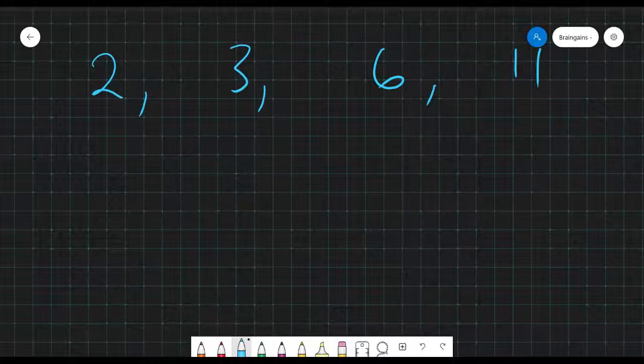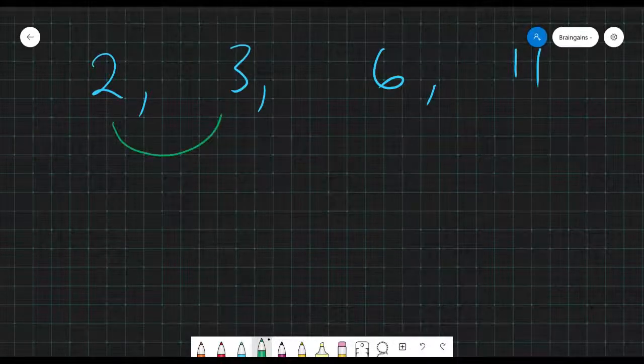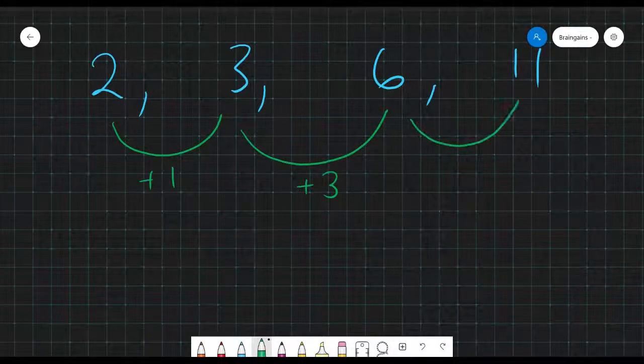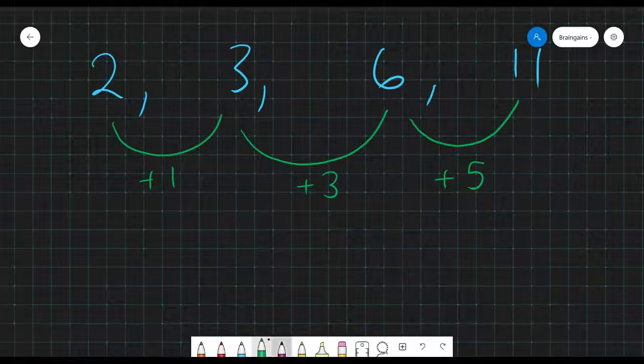So first we find the differences between the terms. The difference between 2 and 3 is 1, 3 and 6 is 3, 6 and 11 is 5. Now, because there's no constant difference, we know that it's not a regular arithmetic sequence.